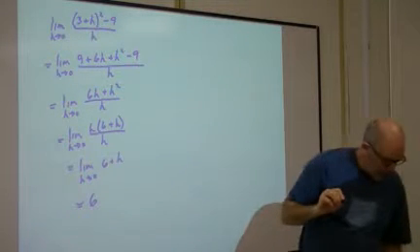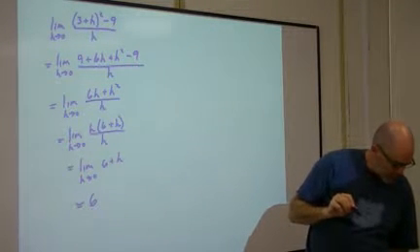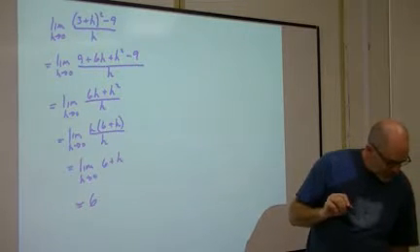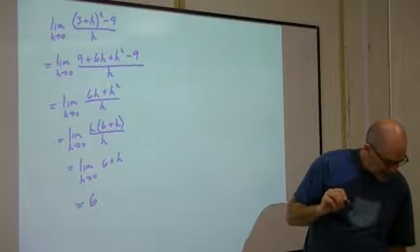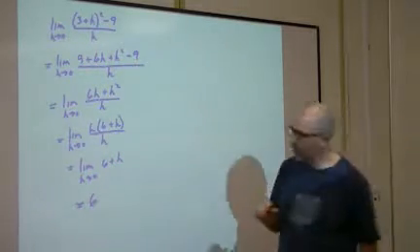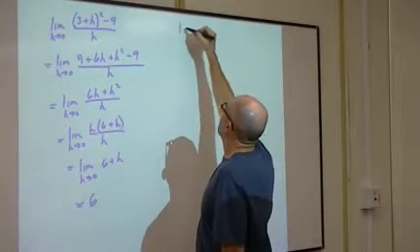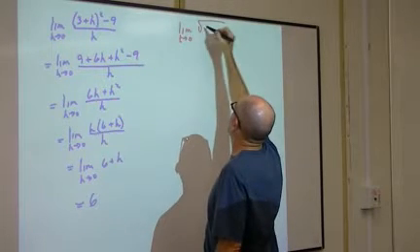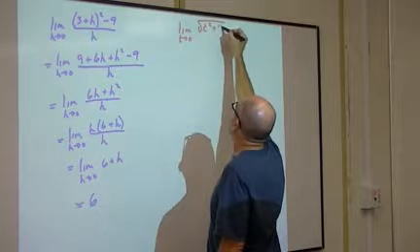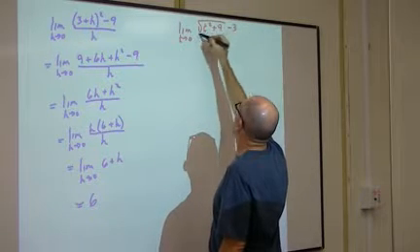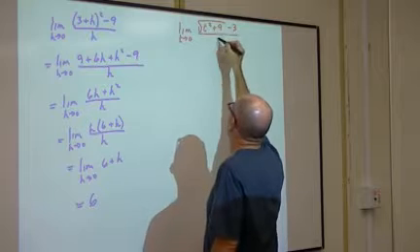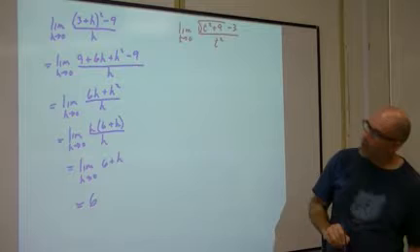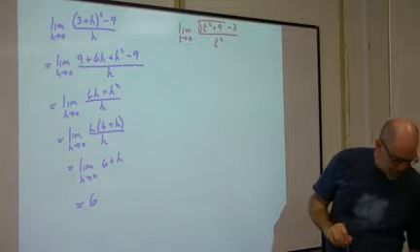Next example is the one where we want to multiply by the conjugate. So limit as t approaches 0 of the square root of the quantity t squared plus 9, minus 3, over t squared. Okay. So the limit as t approaches 0, copy that right, square root of t squared plus 9 minus 3.